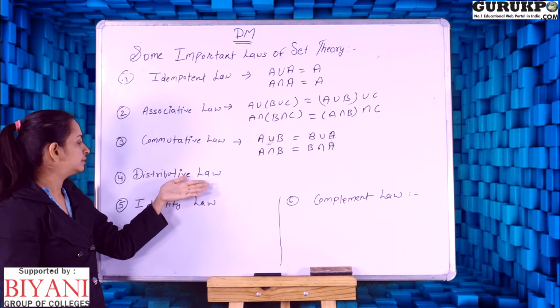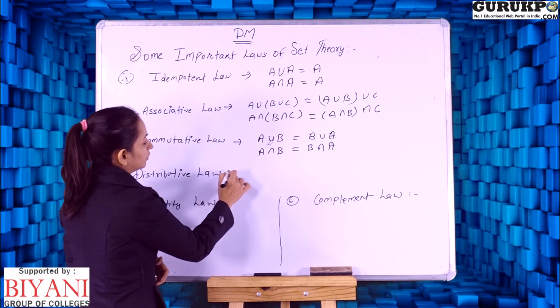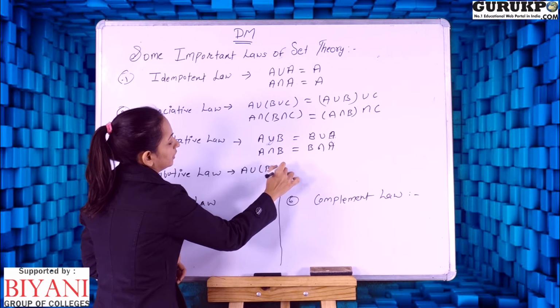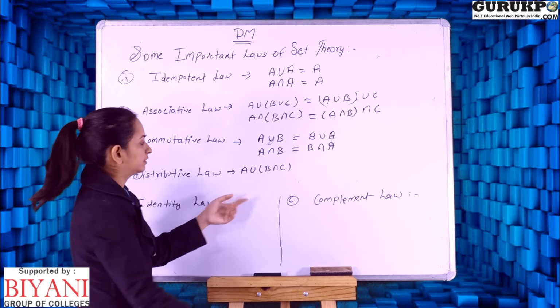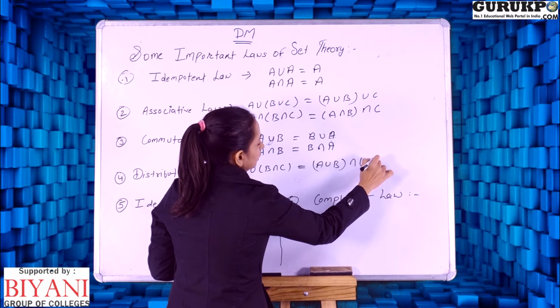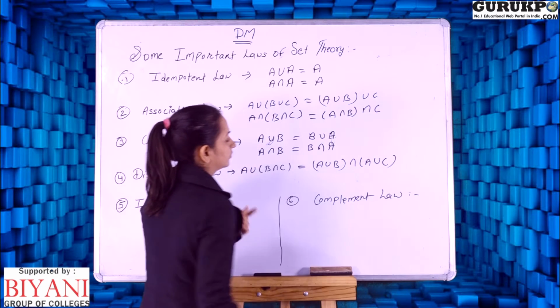The next law is the distributive law. The distributive law is: if I apply A union (B intersection C), the result will be (A union B) intersection (A union C).